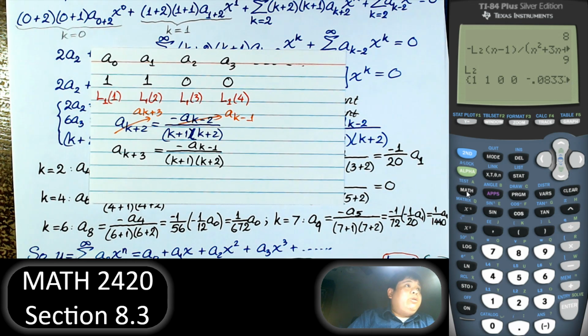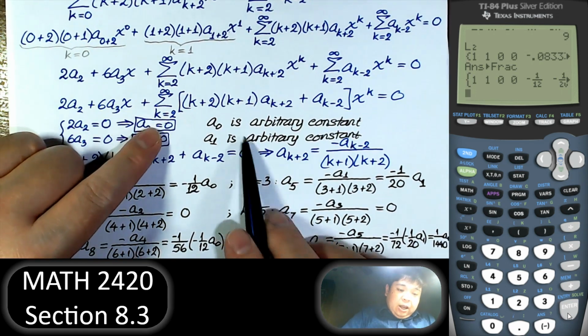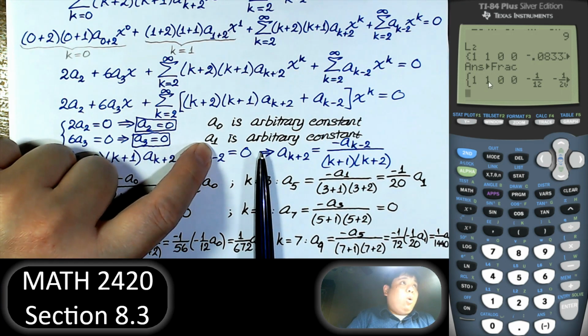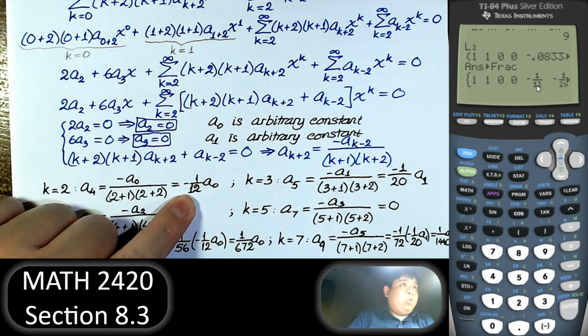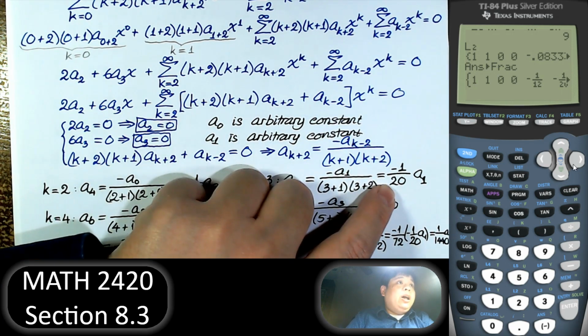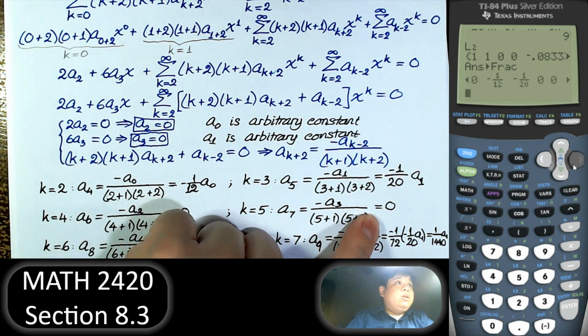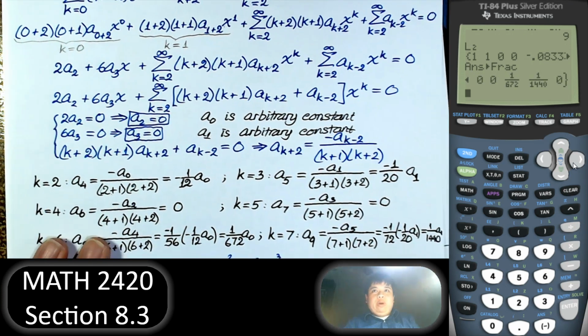Change to fractions. Constant 1, 1, 0, 0, negative 1 over 12, yes, negative 1 over 20, good, 0, 0, 1 over 672, 1 over 440, and then 0 and 0, but just keep going with that.